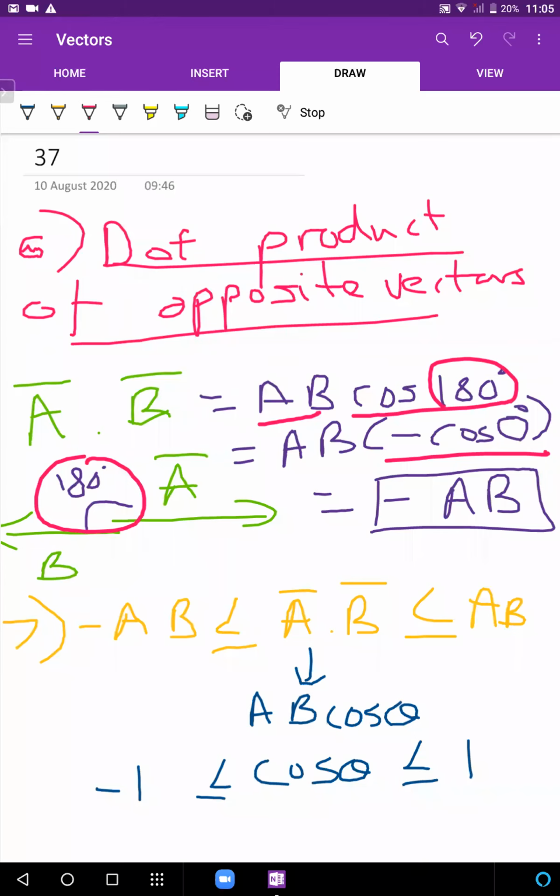Cos 180 is negative of cos 0, cos 0 is 1, तो cos 180 is -1. देखो इधर -1 डालोगे तो क्या आएगा, माइनस AB हो जाएगा. So parallel vectors का dot product was A into B. Anti-parallel vectors का dot product is minus A into B. Got it? So if I have vectors of magnitude 2 and 3 and they are parallel, their dot product will be 6. They are anti-parallel, the dot product will be -6. Okay, got it?